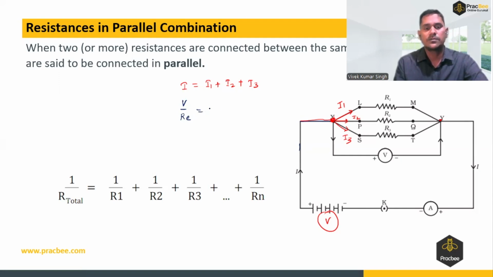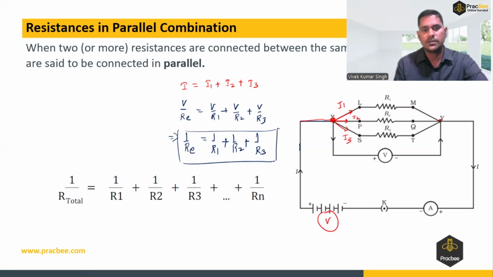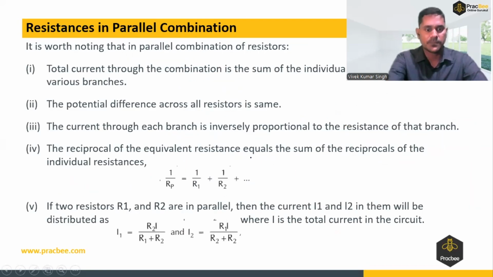I1 is equal to V upon R1, since voltage remains the same. I2 is equal to V upon R2 and I3 is equal to V upon R3. Now this V gets cancelled out by taking it common, so we get 1 upon R equivalent is equal to 1 upon R1 plus 1 upon R2 plus 1 upon R3. So this is how we can find the equivalent resistance in a parallel circuit.